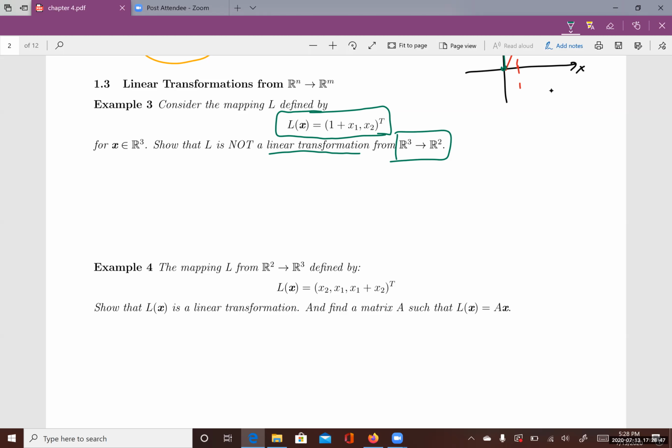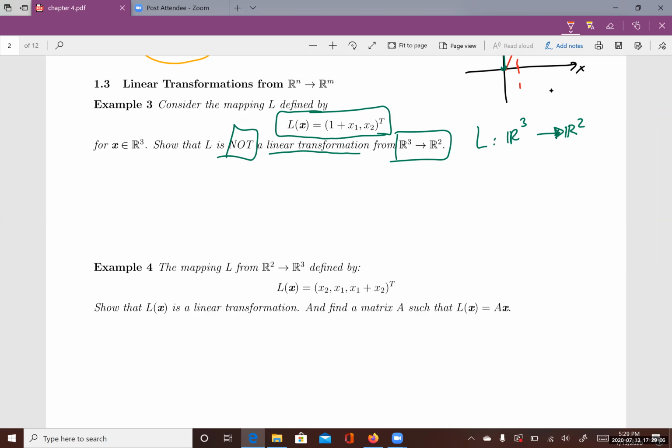So this map L here is a map from R3, taking some vectors from R3 to R2, to a set of vectors in R2. And we want to show that this map here is not a linear transformation. Let's see.